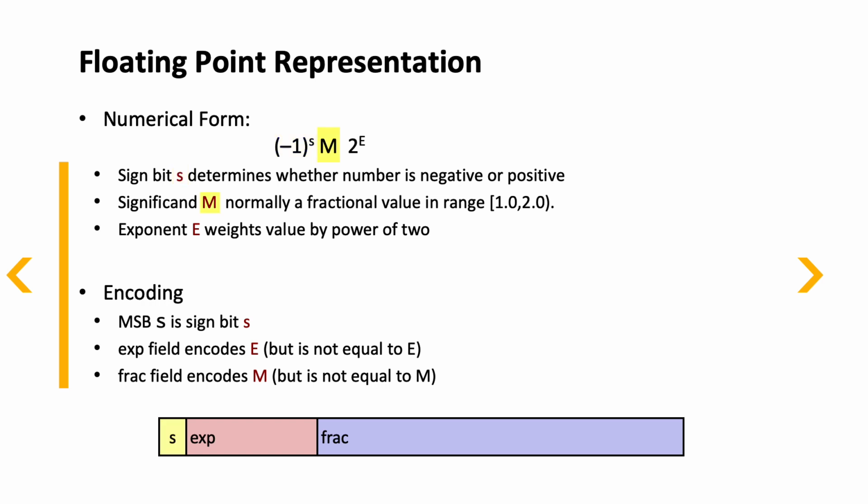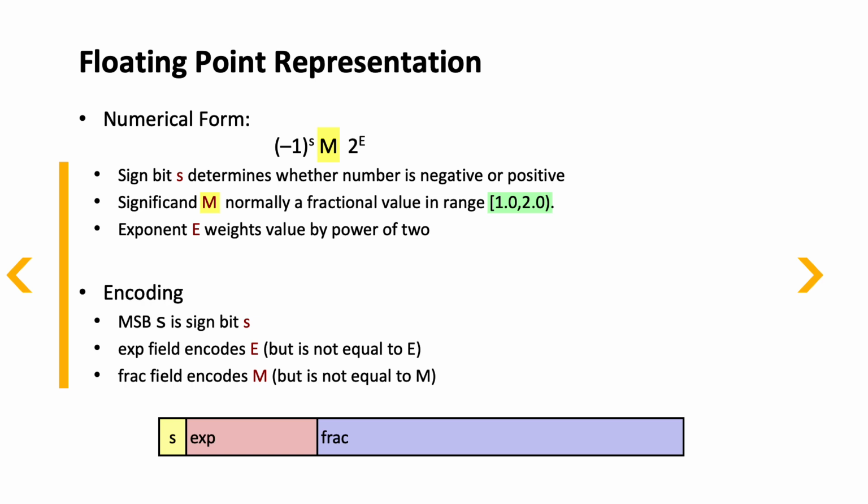Now, the significand, M, is normally going to be a fractional value in the range of [1.0, 2.0). We've got to pay attention when we're dealing with these mathematical notations. Notice that in this range, we have a square bracket on the left and a rounded parenthesis on the right.